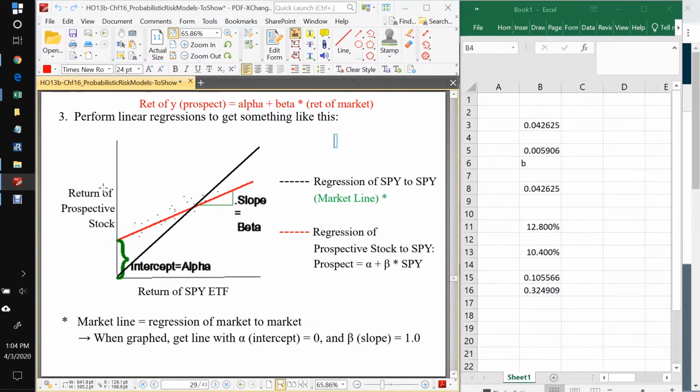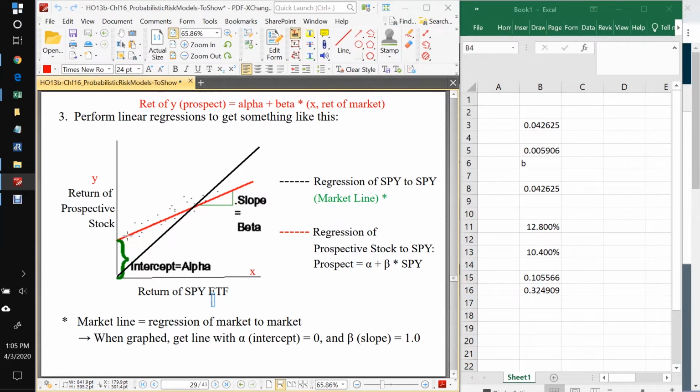And then we wind up with a graph that looks something like this. So we have our prospective stock Y here, and we have the market down here. And you can see these are the historical returns that we've plotted. So when the market is here, the return of our stock is here, and we did that for all the historical returns that we had.